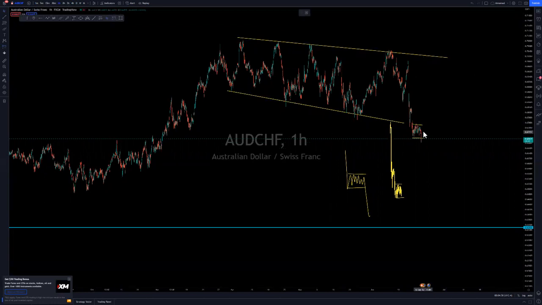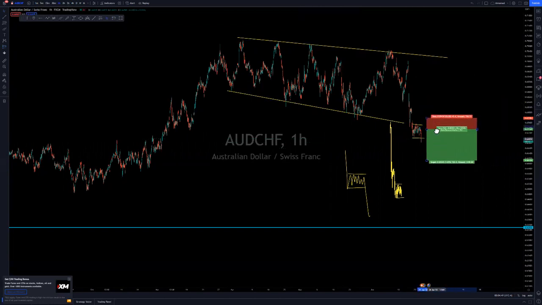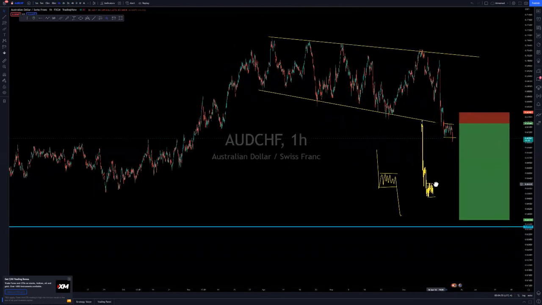But already this thing, guys, we missed it. We missed the setup, but then price decided to give you a reduced risk entry. And there's your take profit. So with someone like me, I was going to be looking at my positions.